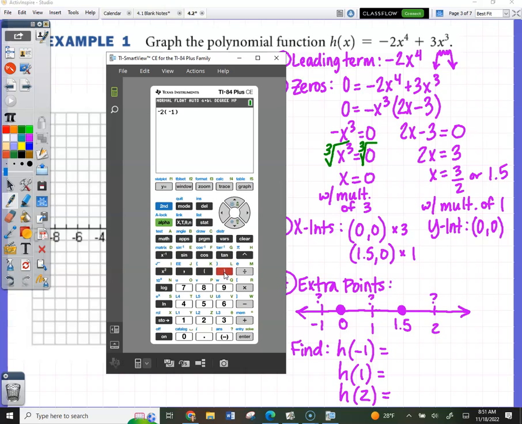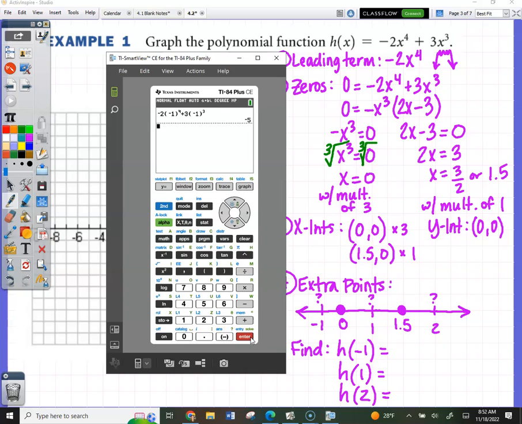Hit the caret button right here, it looks like a little rooftop. 4. Then you got to come out of the exponent's place. +3, -1 to the third power.